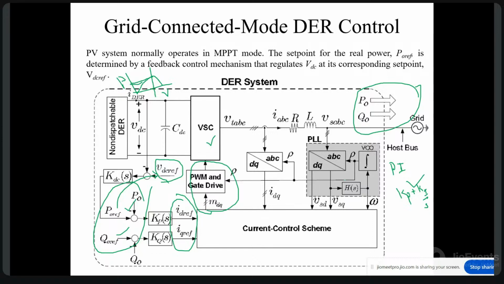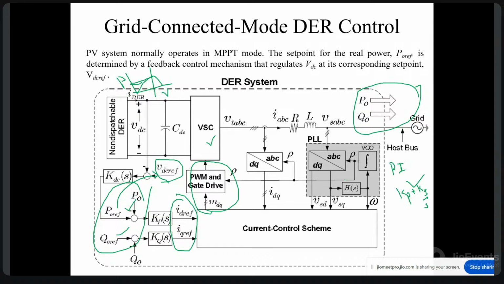When we go for the ABC to DQ transformation, we are just transforming the time varying quantities to a kind of time invariant quantities. Some references or some people will say AC to DC quantity. But we need to understand this with a little more clarity. They are ultimately AC quantities that we are representing without any time variation.